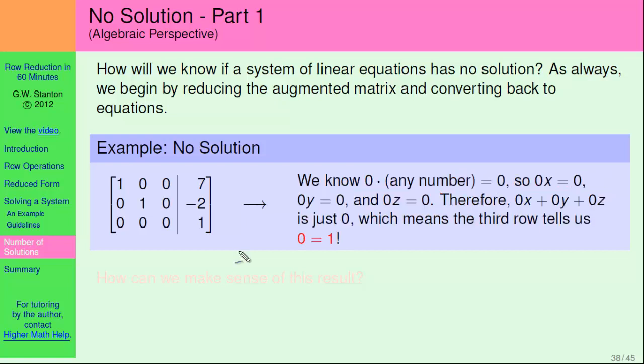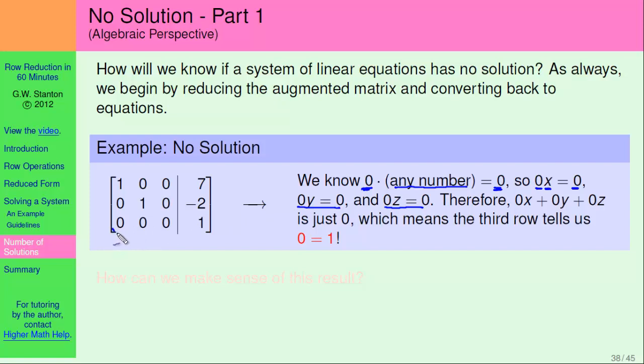Well, we know that 0 times any number is equal to 0, so 0 times x, no matter what it represents, is just 0. And similarly, 0 times y is 0, and 0 times z is 0.